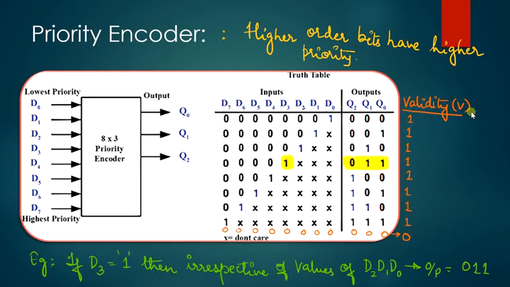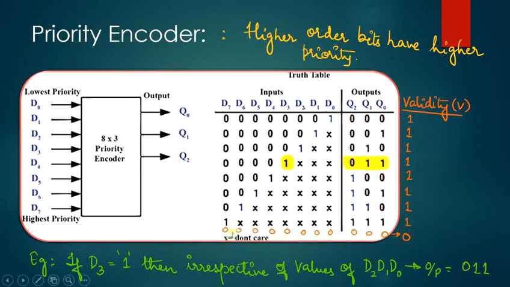Let me consider an example and explain further how we obtain the output. If you see here, we have D3 equal to logic 1. Irrespective of the values of D2, D1 and D0, you have the result equal to 0, 1, 1. This overcomes the first error that we saw in the case of a simple encoder.